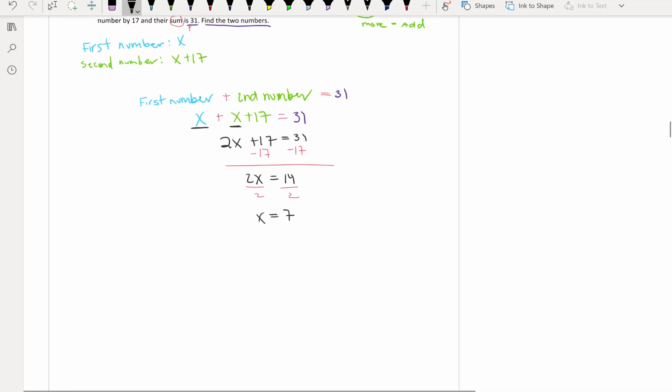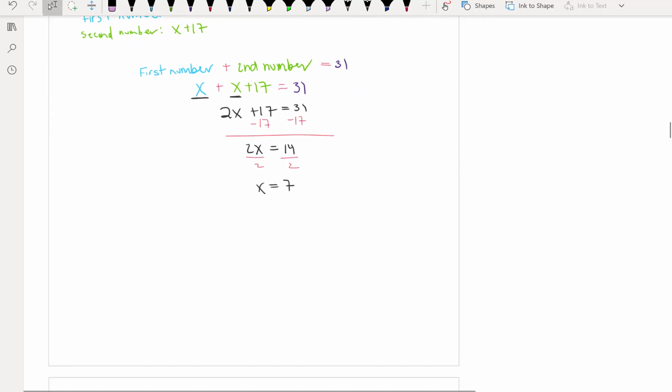Remember, x represented our first number. So the first number is 7. Now for our second number, we know that it's x plus 17.